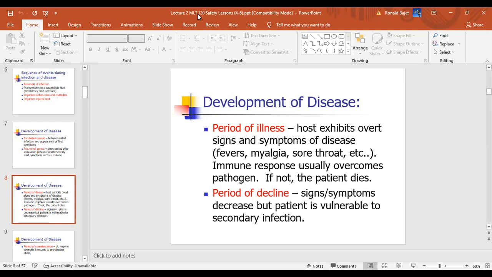Once that balance, again, is tipped in favor of the organism, then the organism becomes what's called opportunistic, and then it'll cause an infection. Okay.